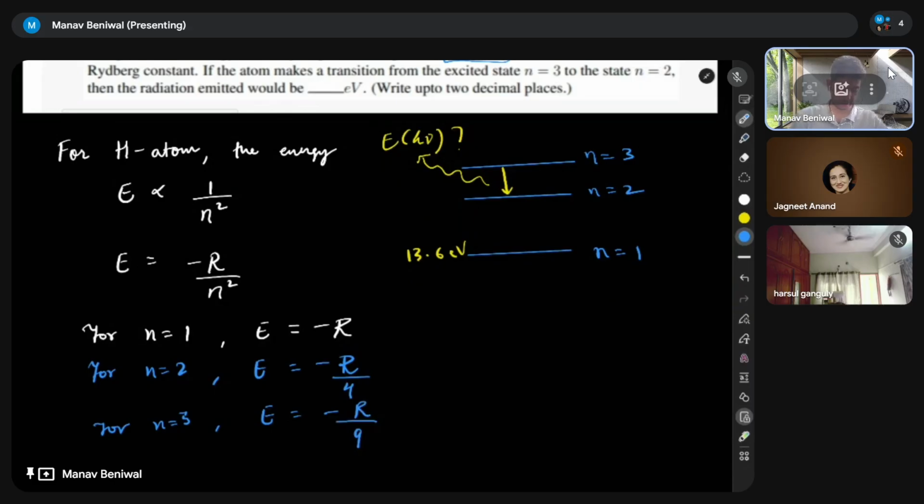R is 13.6, so this will be minus 13.6 over 4, which is minus 3.4 eV, and minus 13.6 over 9, which will come out to be roughly minus 1.511 eV.